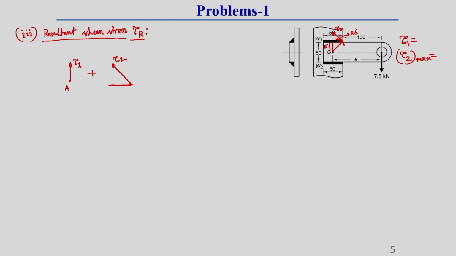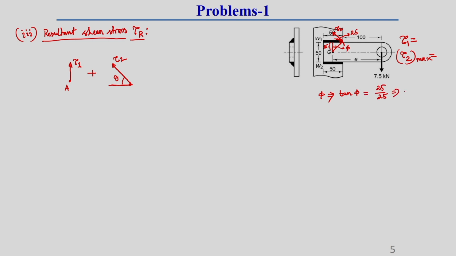So, here we have to find out this theta angle. So, we can easily find out what is the theta angle. So, first we can find out what is this angle. So, let this angle is phi. So, this phi angle we can easily find out, tan phi we know, tan phi equal to here 25 by 25.